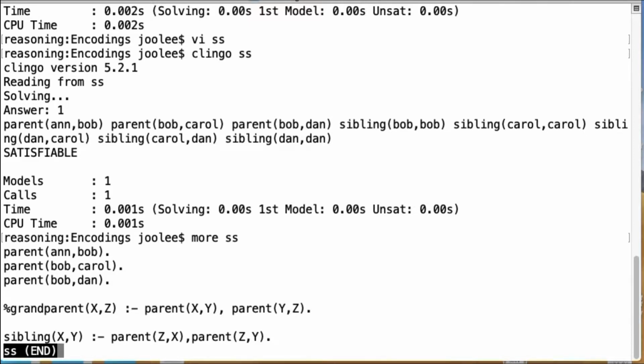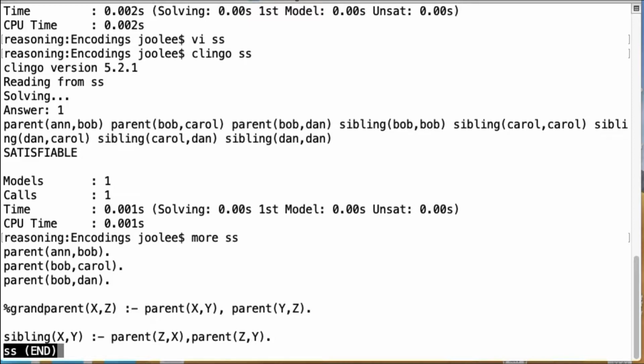So Bob and Bob are siblings to each other. There's nothing wrong with what Clingo will deduce from what you told it. Why do we have Carol as a sibling? Because Bob is the parent of Carol, right? So if Z is Bob, and X is Carol, and Y is Carol, then X and Y are in a sibling relation.